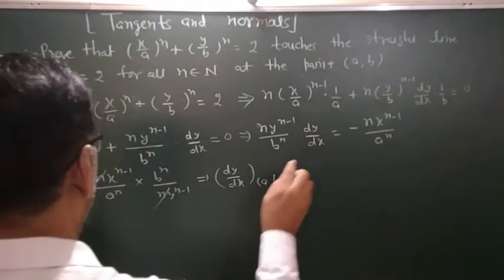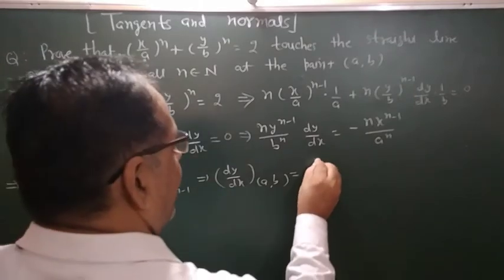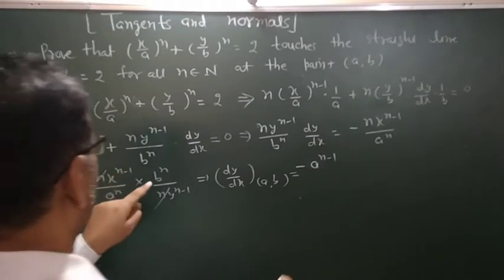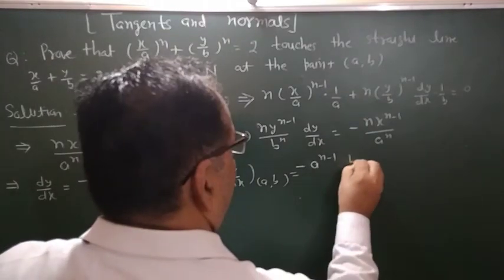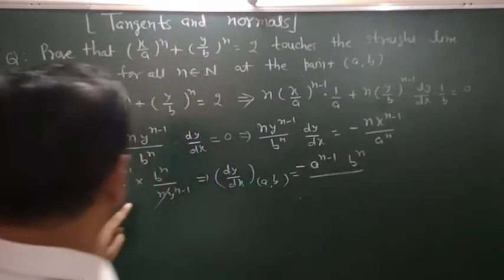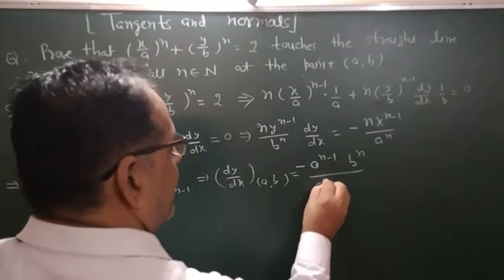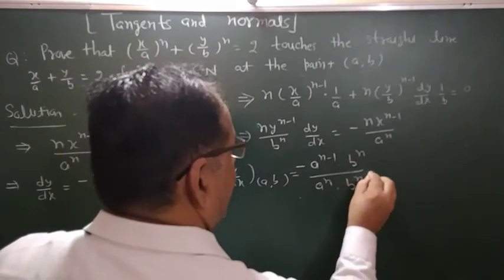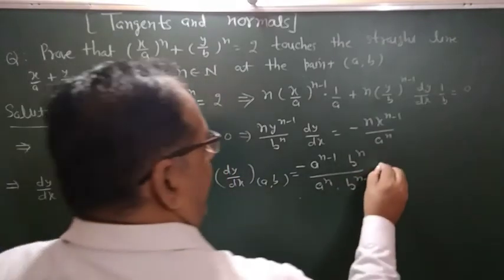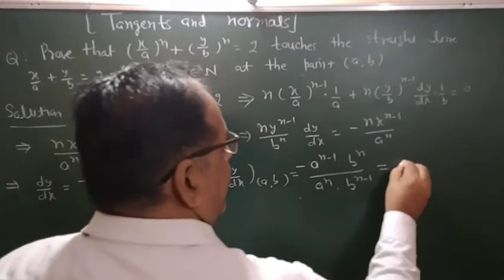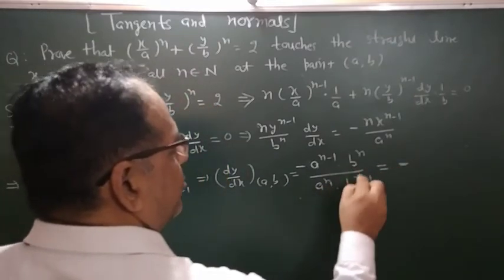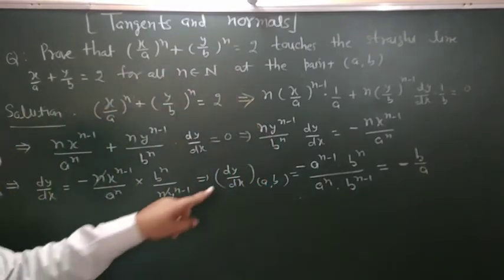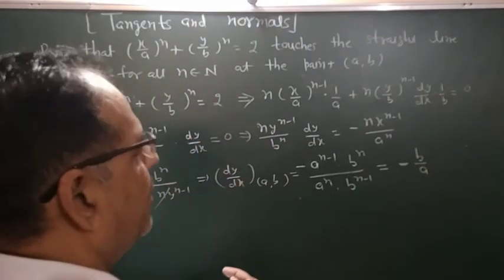We have x means a^(n-1), minus a^(n-1) into b^n upon a^n into y means b^(n-1). After simplification we have minus, a^n cancels, so this comes minus b/a. This is the slope of the tangent at the point (a, b).